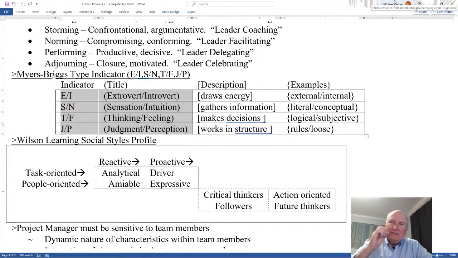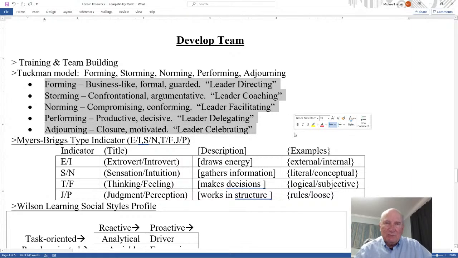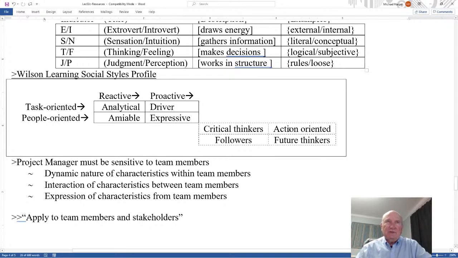And that's why you need team members who understand what is needed for a team to move forward, individually for the Myers-Briggs, but also as a group: what stage are we in as a group? Now finally, the bigger picture is the Wilson Learning Social Styles profile.